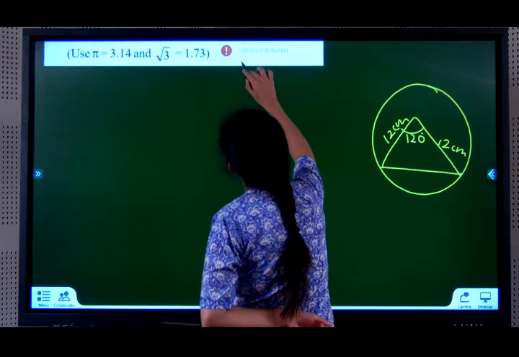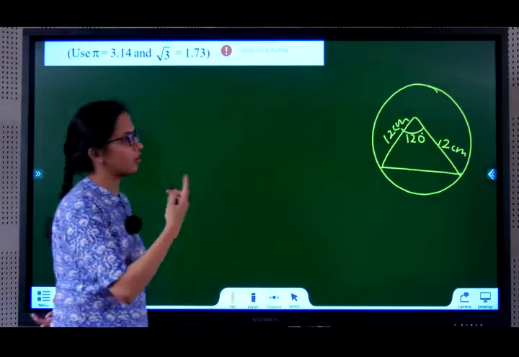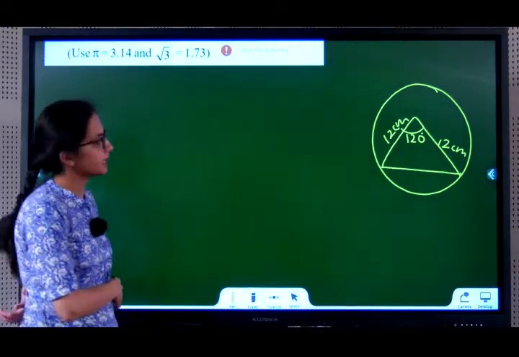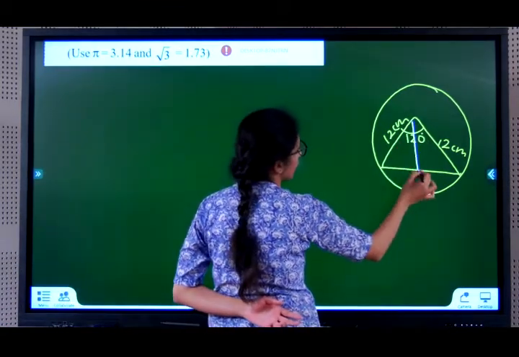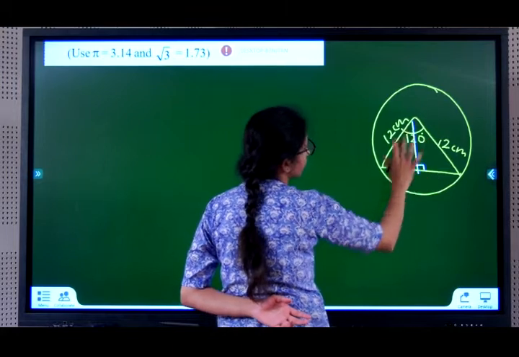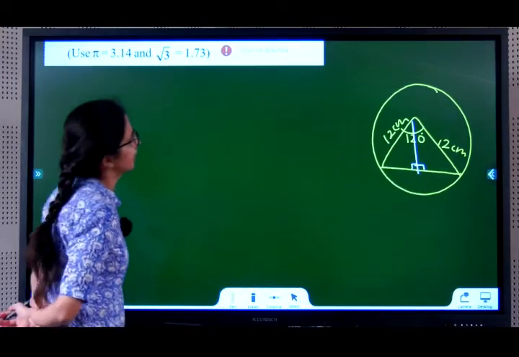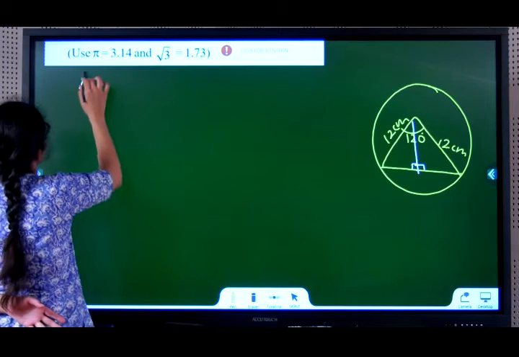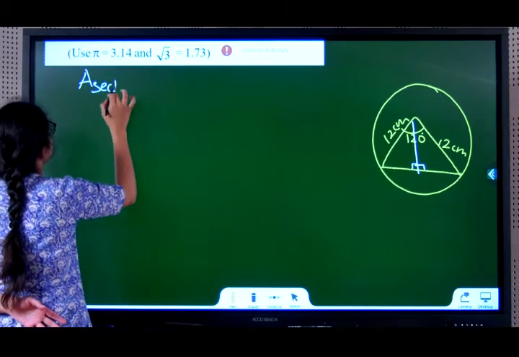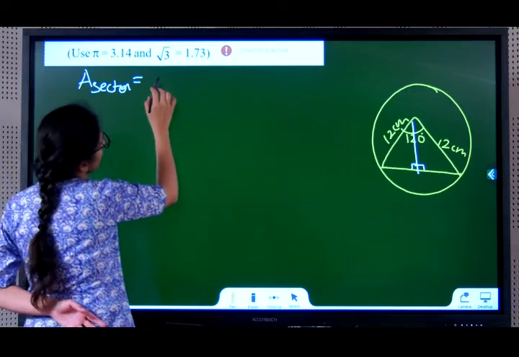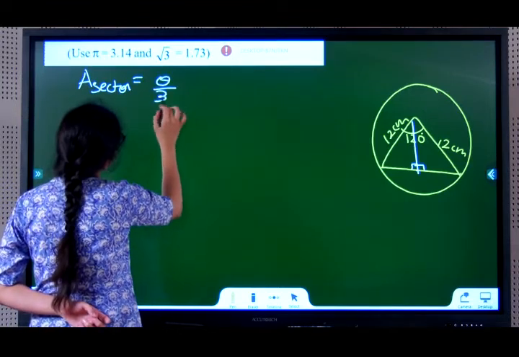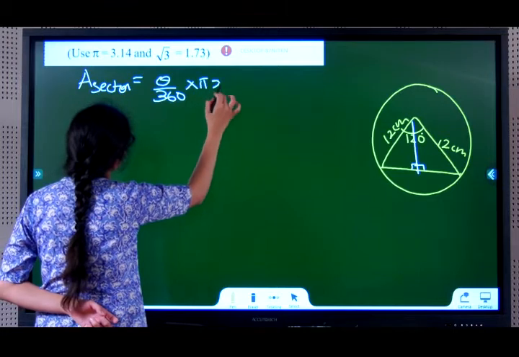Now the question here is, how do you find the area of triangle? We already did this in one of the example problems, right? We divide this, draw perpendicular. I hope you remember. Okay. So first we'll do it stepwise. Area of sector is equal to theta by 360 into pi r square.